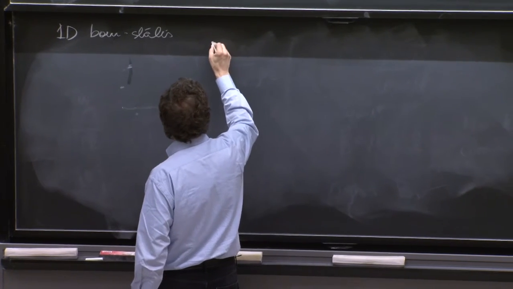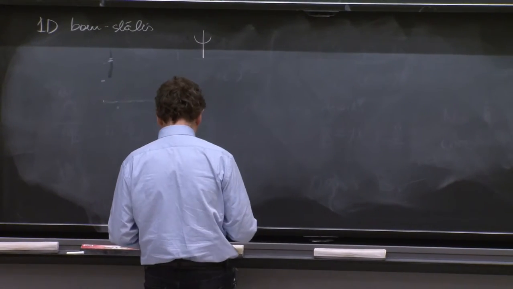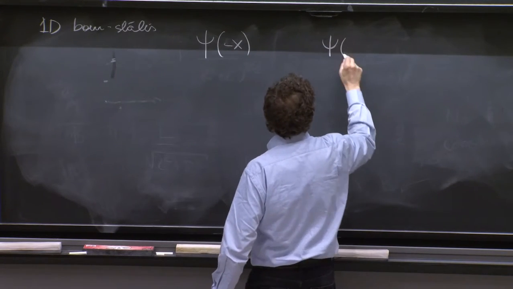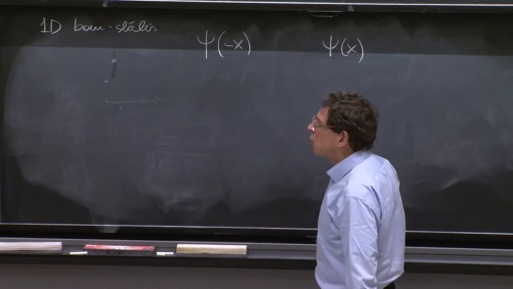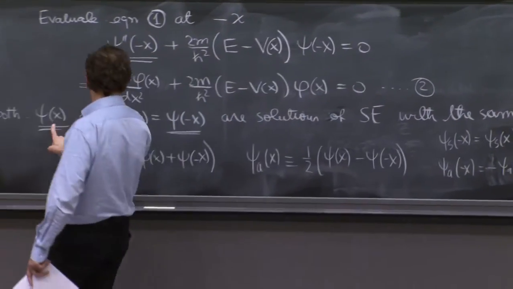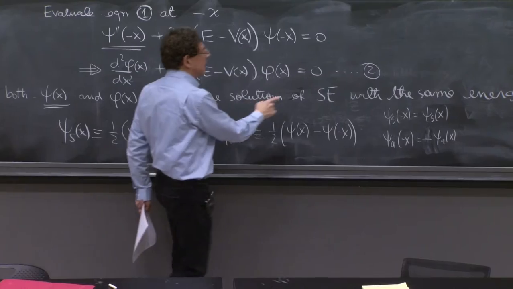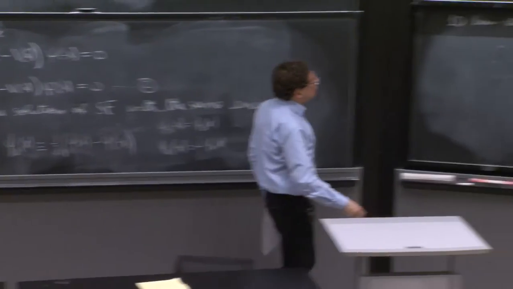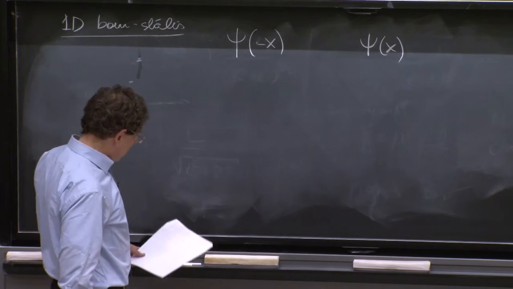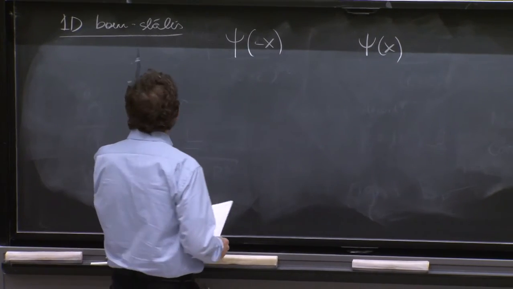So after all, we have two solutions: psi of x and psi of minus x. But if you're in a one-dimensional bound state, you cannot have two solutions. So they must be proportional to each other.